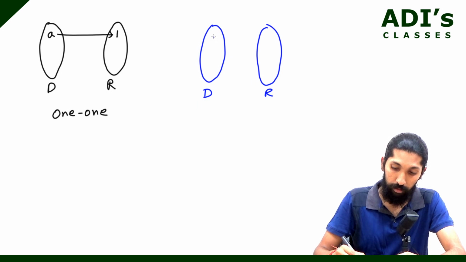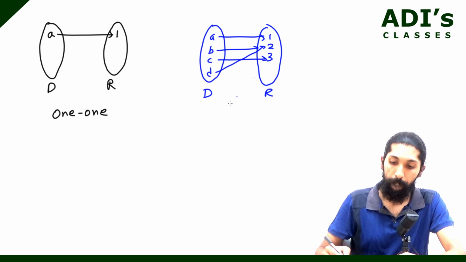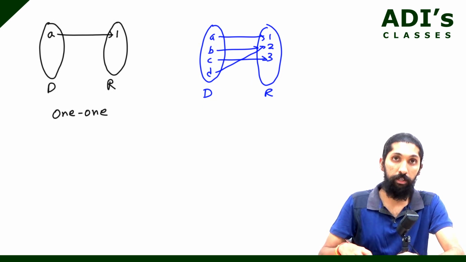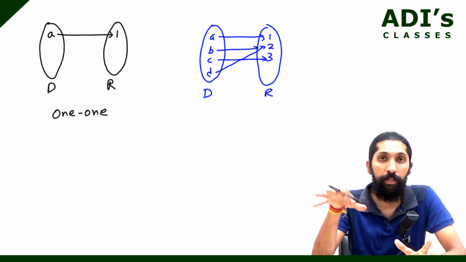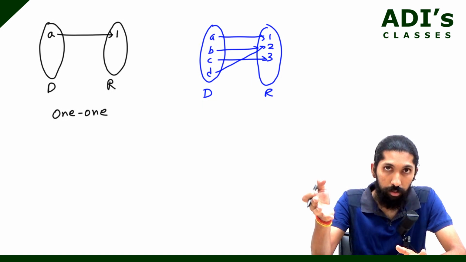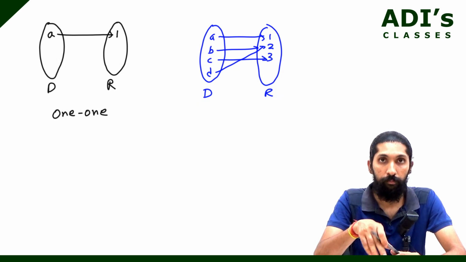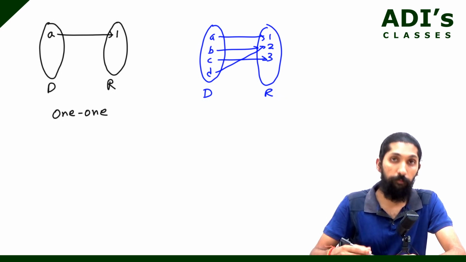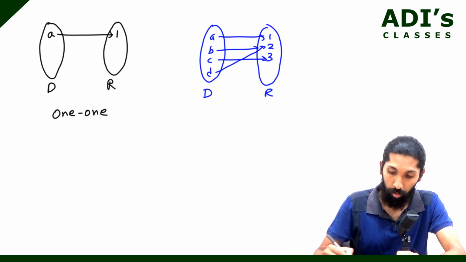See, if you have, say, 1, 2, 3, A, B, C, D, each and every element of the range must have a pre-image. Every element in the range we call an image, and every element in the domain we call a pre-image. All right. Now, if you have a function, so here remember this is onto.